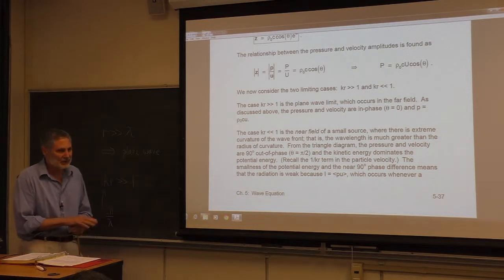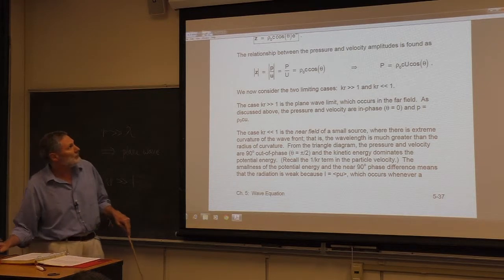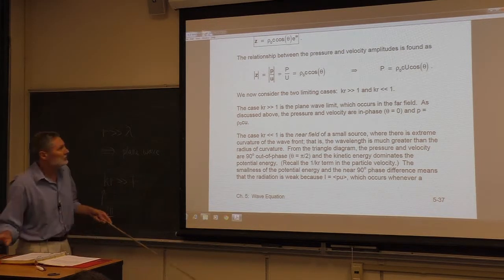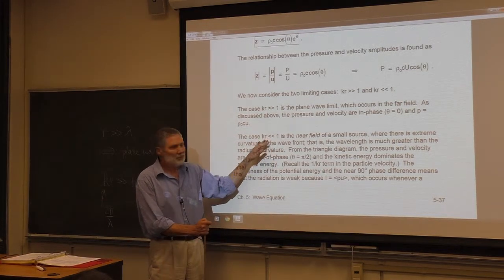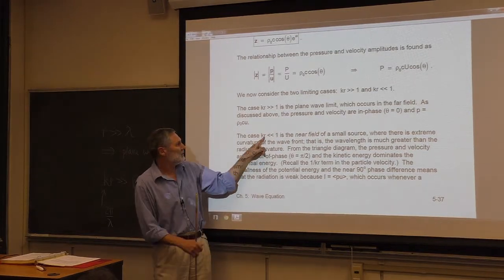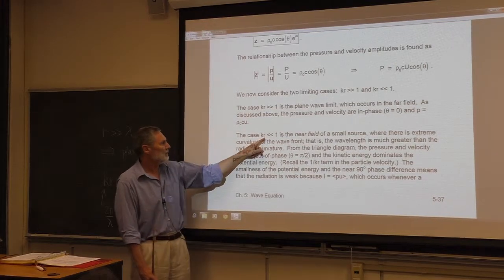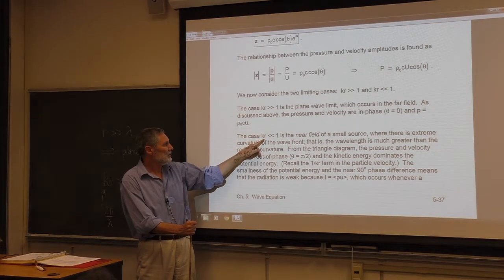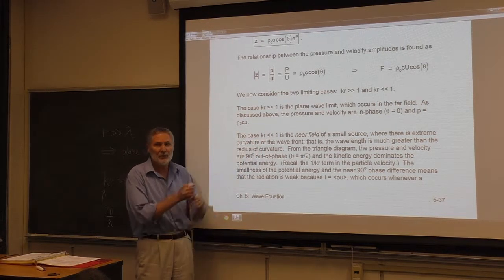But that's nonlinear. For linear waves, what we've found here is if you're very close to the source, let me back up a little bit here. If you're very close to the source, that means you've got a small source. If I've got a big source, I can't reach here. So this means the source is evidently small here because I'm just a fraction of a wavelength inside the source.